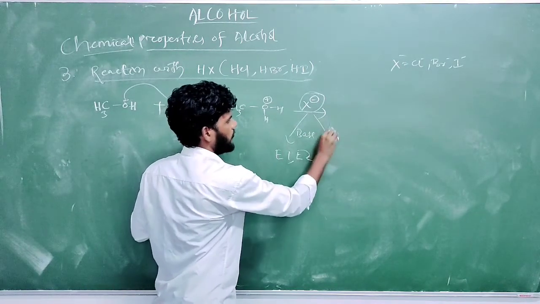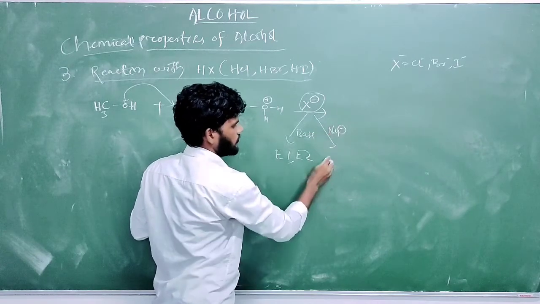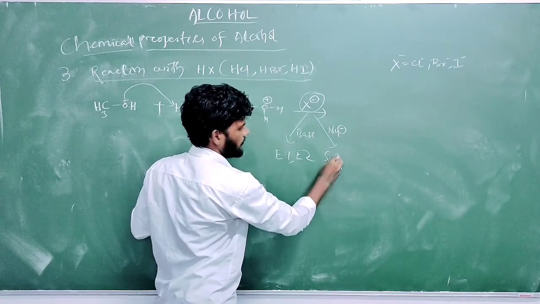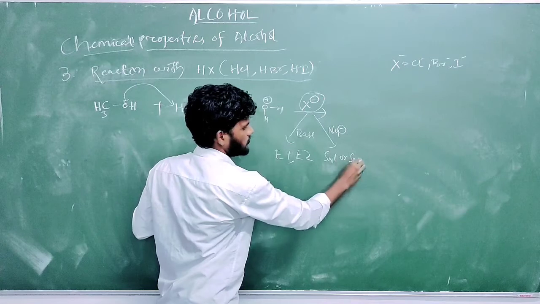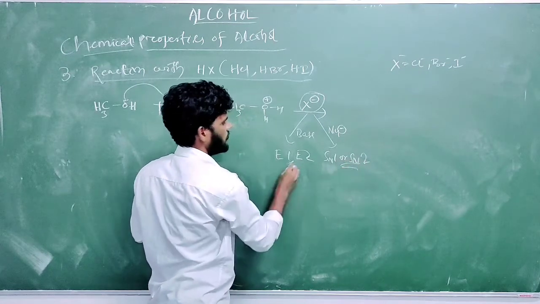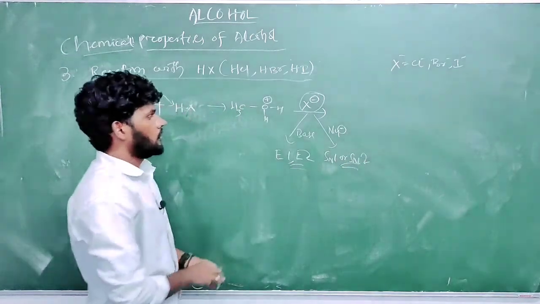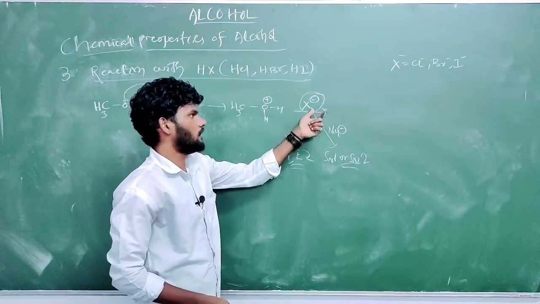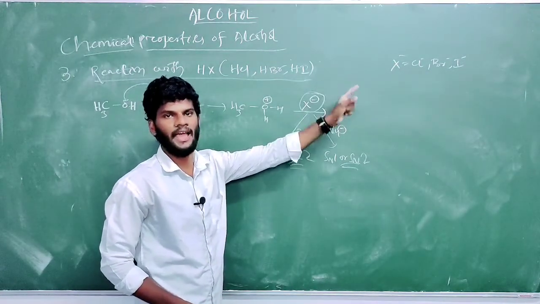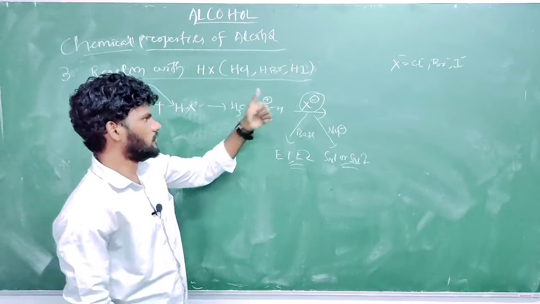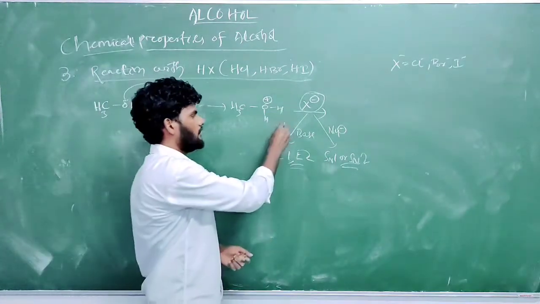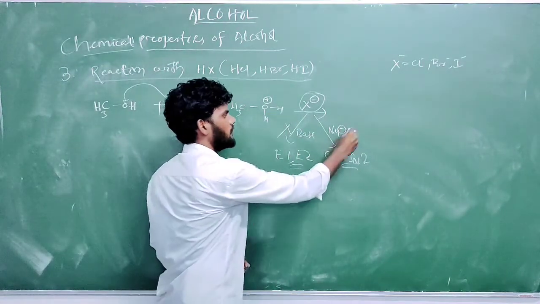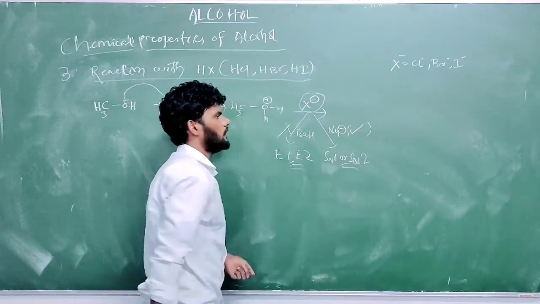If it is a nucleophile, then it will go either SN1 or SN2, substitution. So Cl minus, Br minus and I minus are not bases. These are nucleophiles.